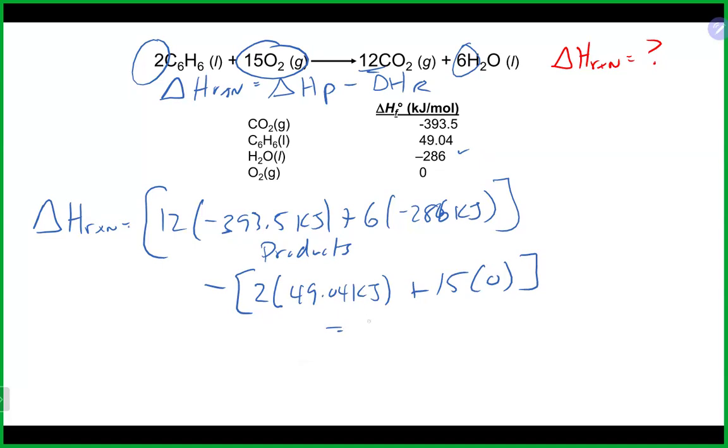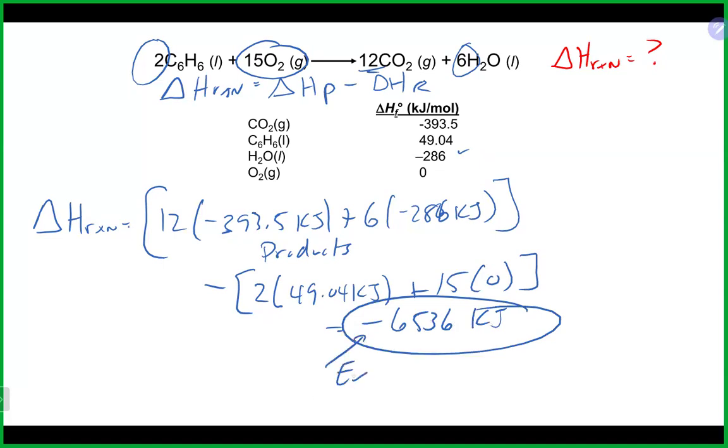That's going to get us something like minus 6536 kilojoules. Once again, we see a negative, which tells us it is exothermic. Any questions on how to calculate delta H for a reaction? Okay.